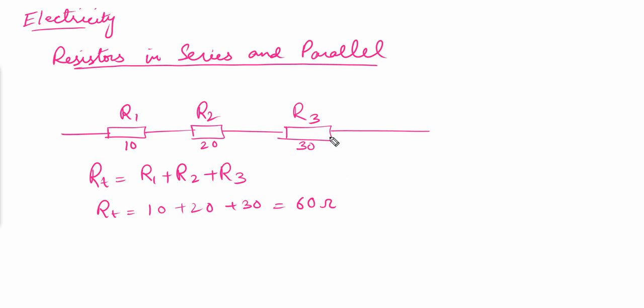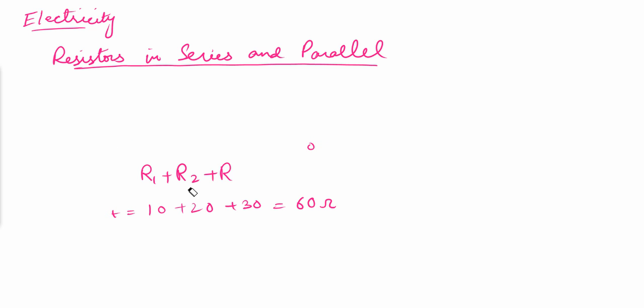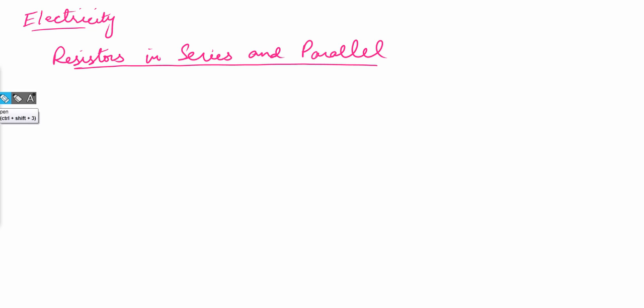Now let's see the connection of these resistors in parallel. Let me just draw a circuit where the resistors are attached in parallel. This is the first resistor, the second resistor, and this one is the third resistor. So these three resistors are attached in parallel.